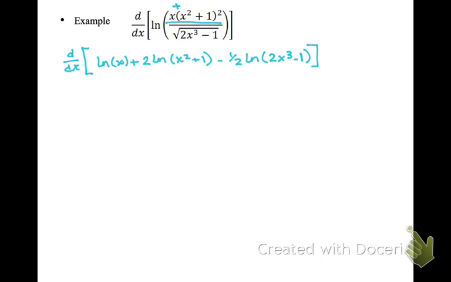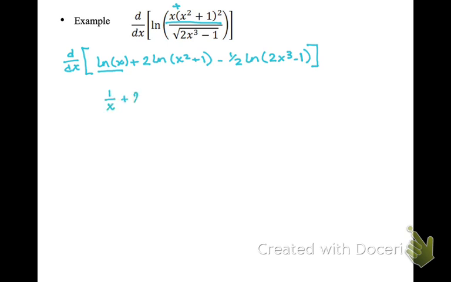Now, is that going to be easier to take the derivative of? Yeah. We're just going to take the derivative 3 times, and we're going to add and subtract it. So the derivative of the natural log of x is 1 over x.